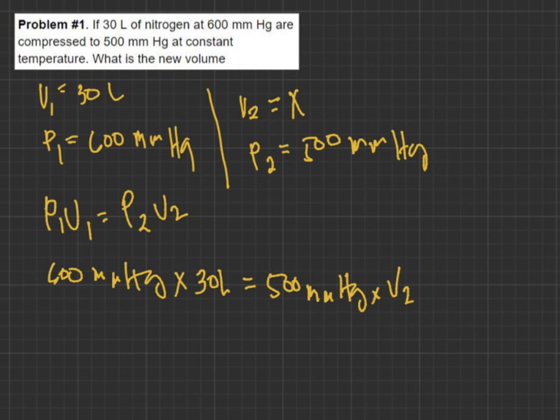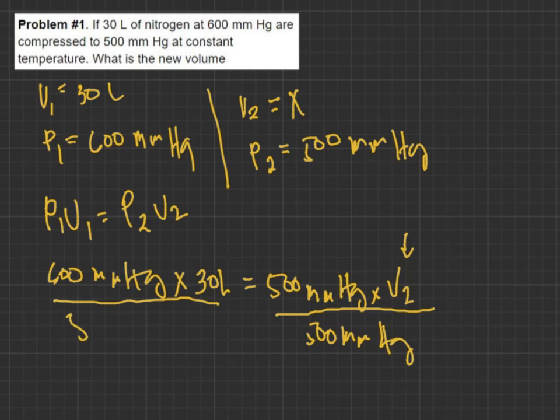Since we want to solve for V sub 2, we want to remove the 500 millimeters of mercury on this side of the equation. So we can do that by dividing both sides by this value. So also on this side, the millimeter Hg, we can cancel this.